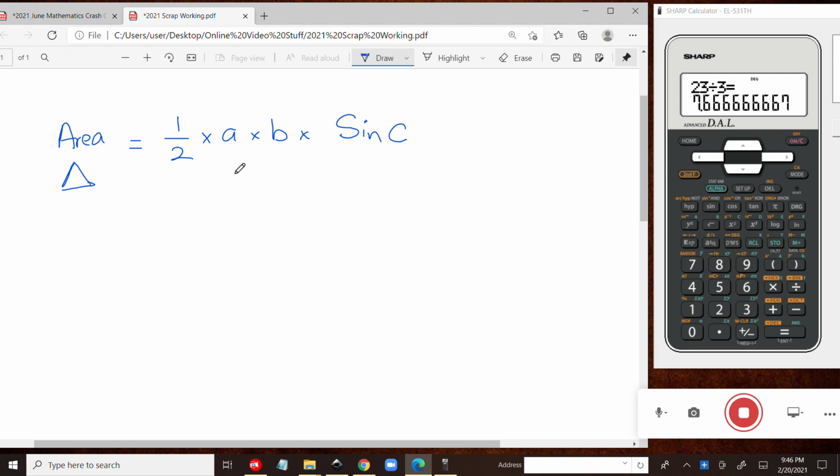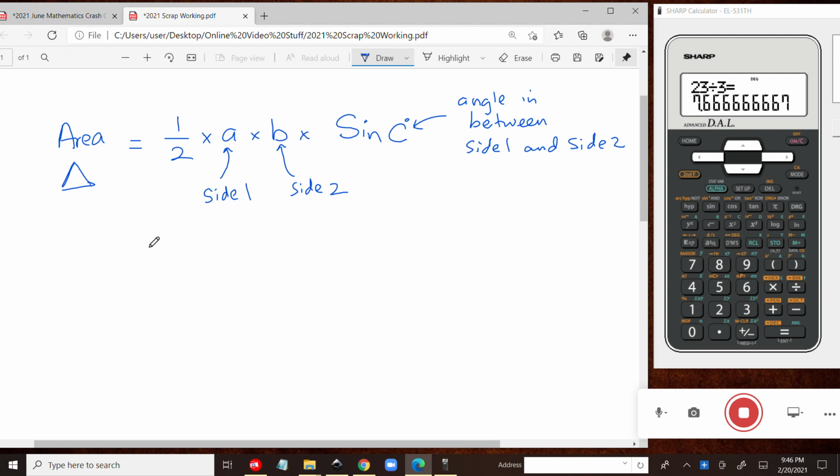So you go to this formula. a and b just basically stand for side 1, side 2, and C, that's the angle in between side 1 and side 2.